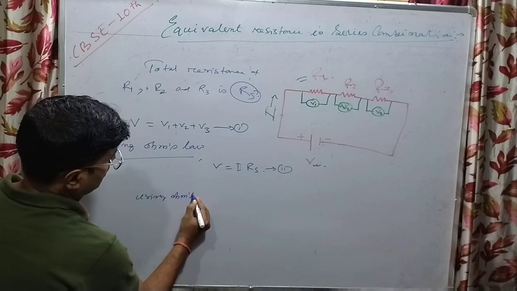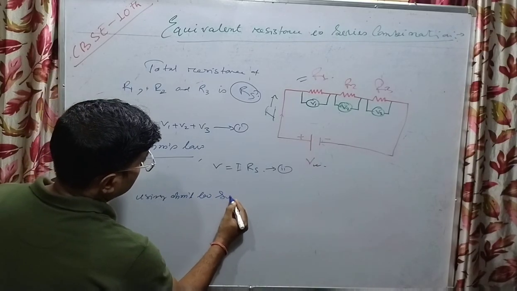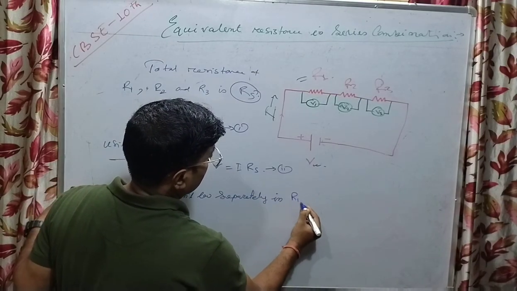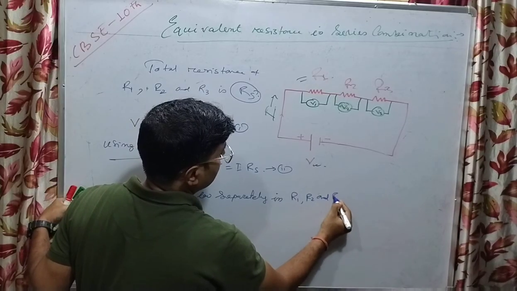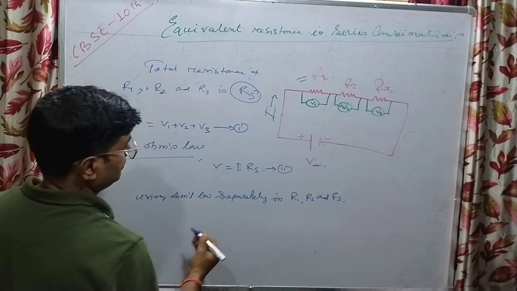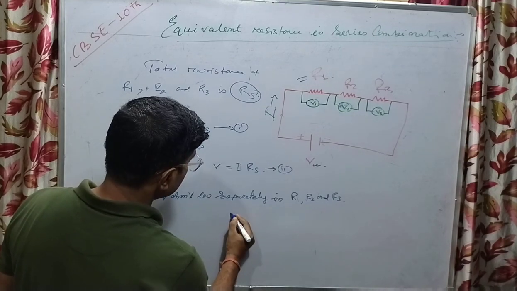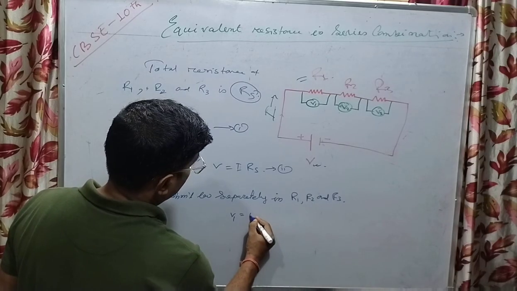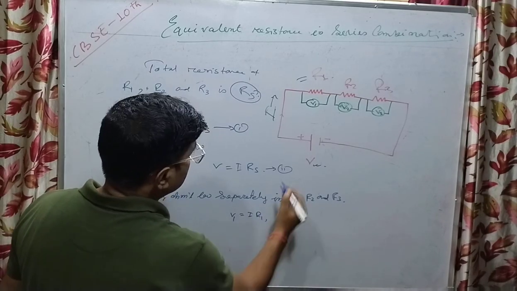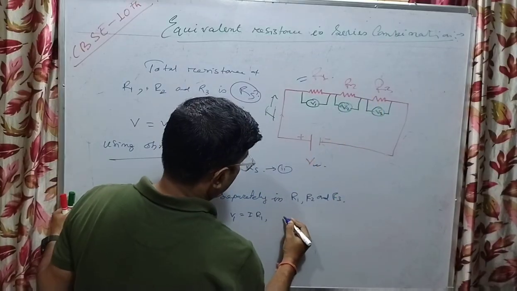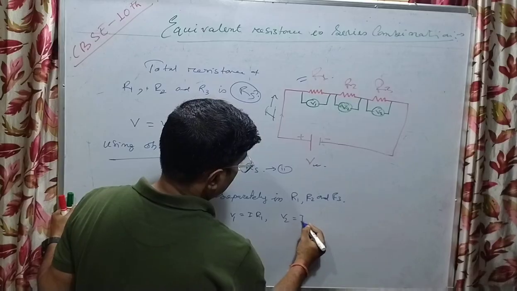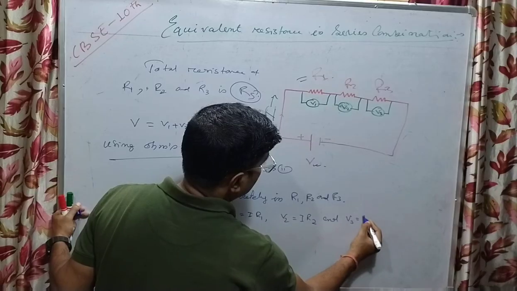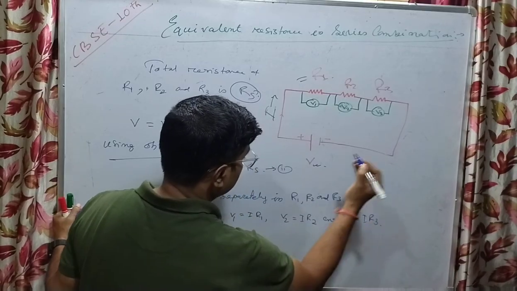Using Ohm's law separately in R1, R2 and R3, we get V1 is equal to I R1. Similarly, in R2 and R3, V2 is equal to I R2 and V3 is equal to I R3.